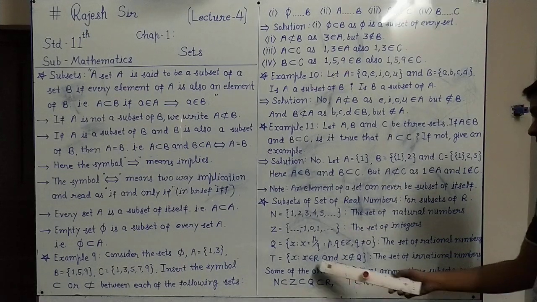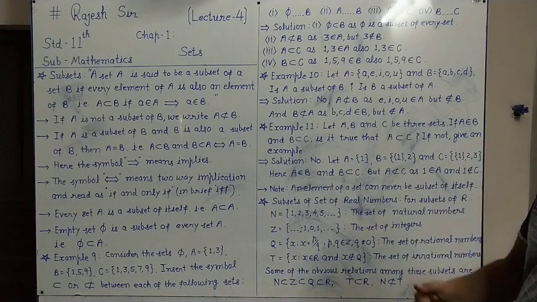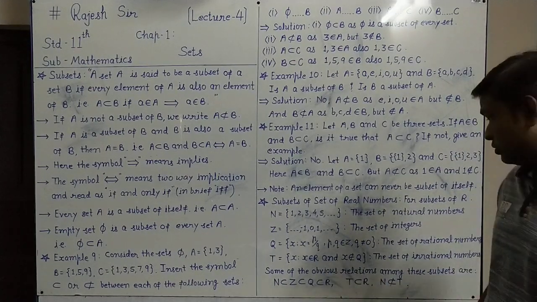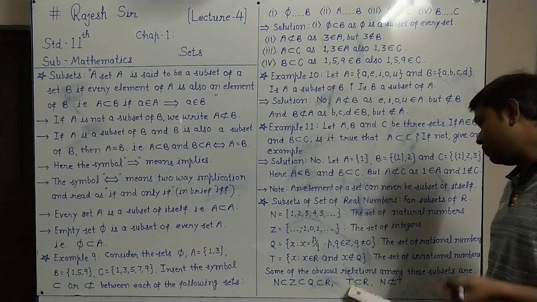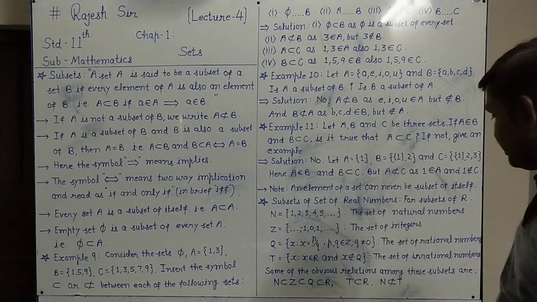And irrational numbers, that is T, is also a subset of real numbers. Rational and irrational both are coming in the real numbers, but both are totally different. So Q is also a subset of R, T is also a subset of R, but Q and T are different sets.